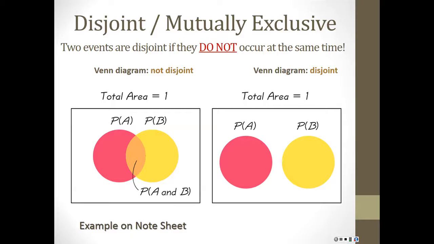These diagrams help, but they don't help much in real life. This is disjoint. There is no overlap. This is not disjoint. In this case, things are either red or they're yellow or neither one. In this case, things are maybe red, maybe yellow, maybe both red and yellow, or neither one. Okay?